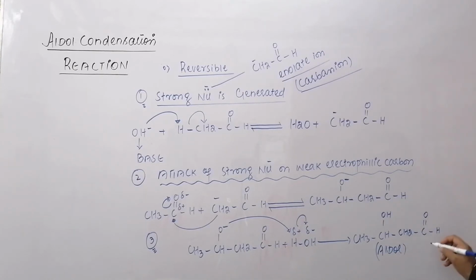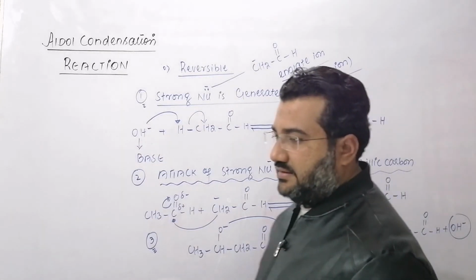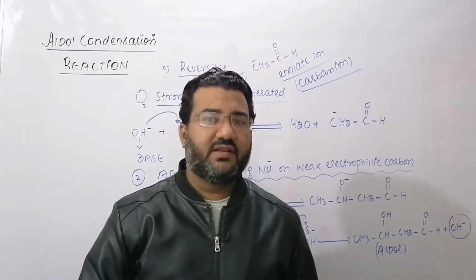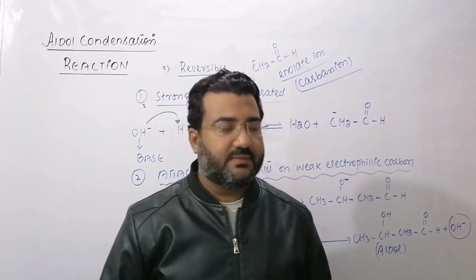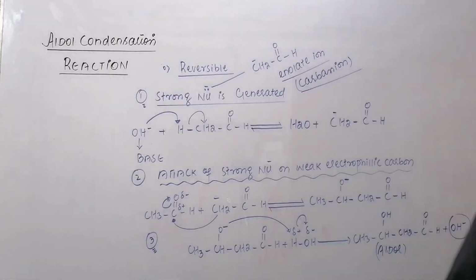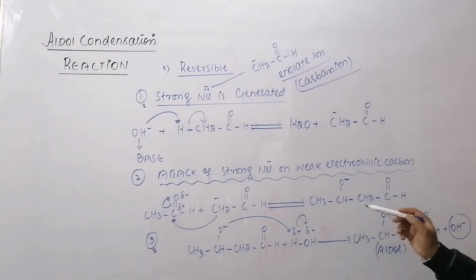And with this aldol, there will be an OH negative ion, and this OH negative ion is basically the catalyst which was used in the first step, that is regenerated in the last step. And my dear students, this last step will be named as the regeneration of the catalyst.